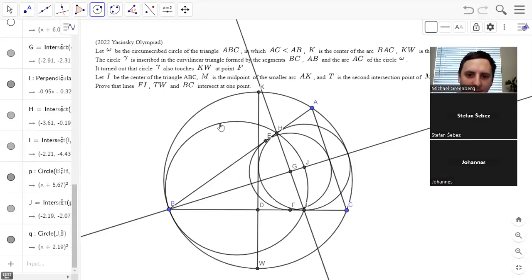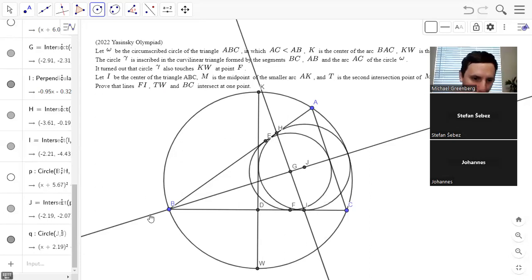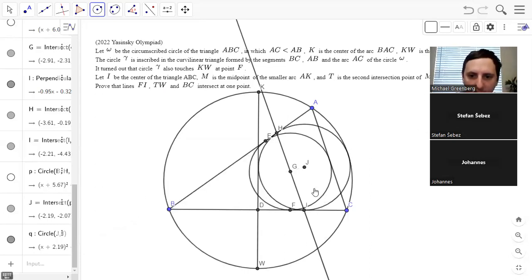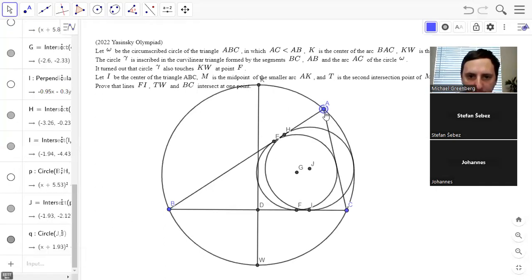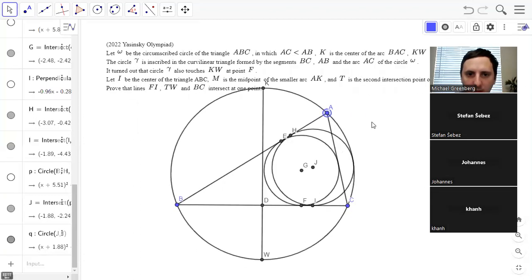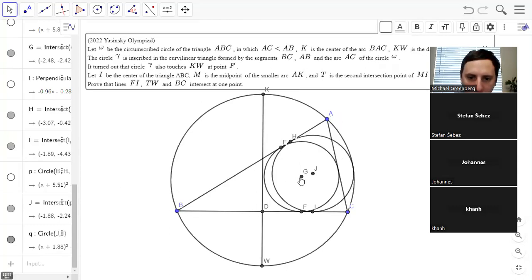Can you rename the incenter to I? It's more familiar. Yeah, I is better. I agree.